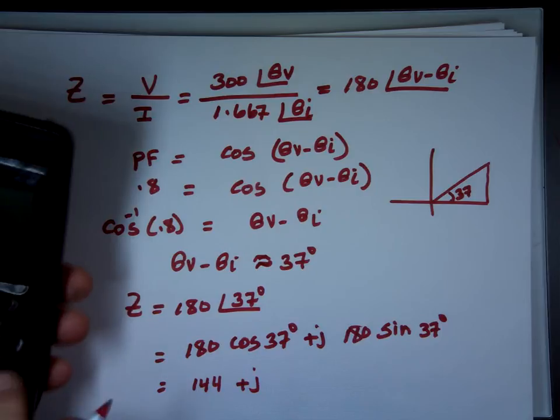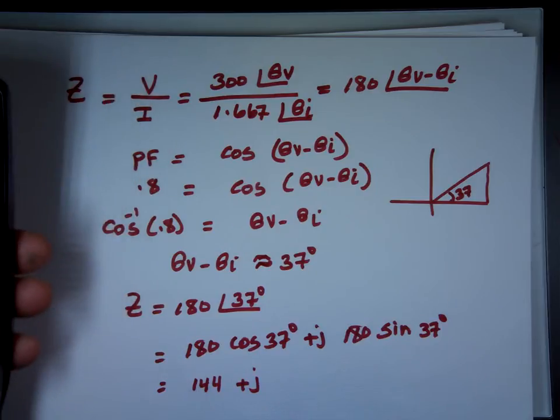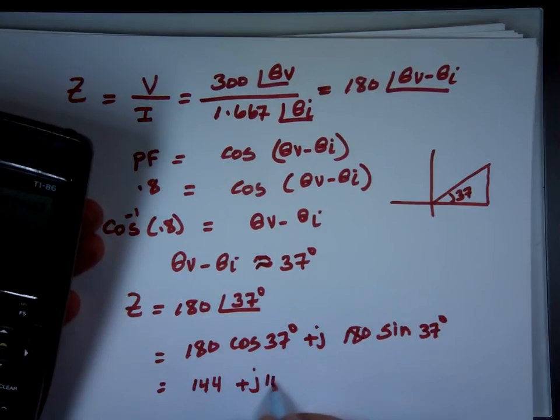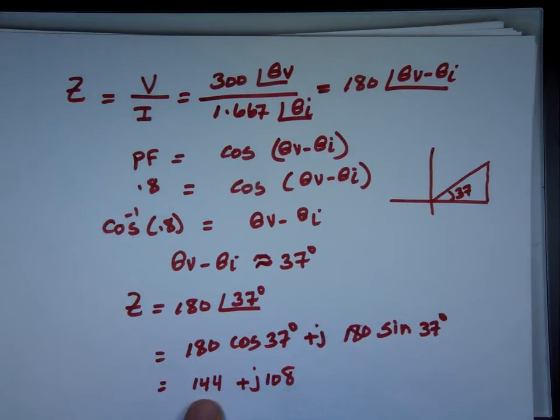What's 180 sine 37? 108. So it has a resistor of value 144 and an inductor of value j108. So that's a resistor and an inductor.